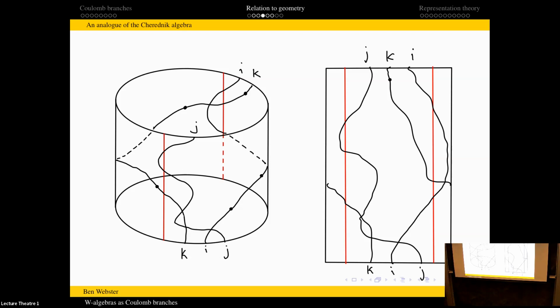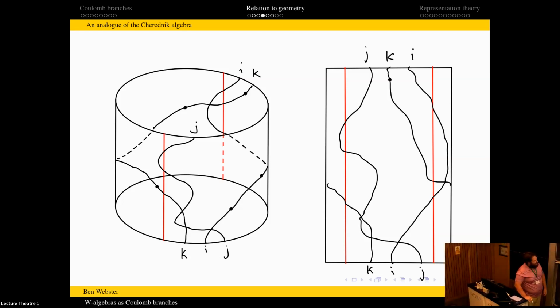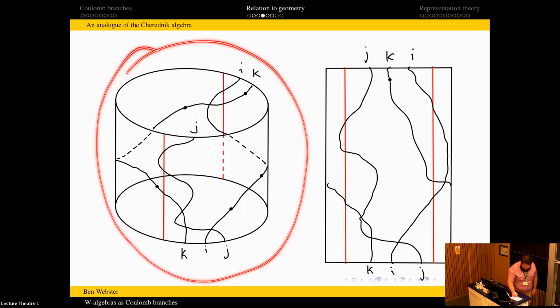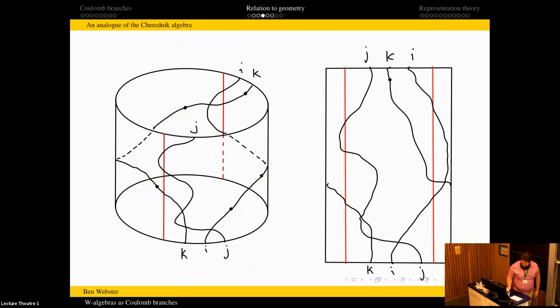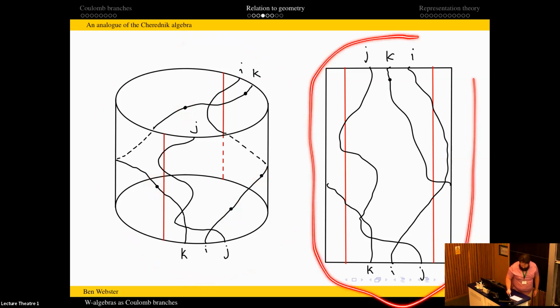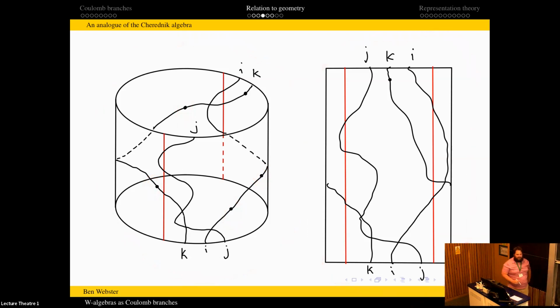So I've swapped x and y from the usual way you draw graphs. And then there are dots at various points. And here I've drawn the graph on the cylinder. It's kind of hard to follow what's going on when you draw it on the cylinder. It usually works a little better to cut the cylinder down the side and draw it smoothed out. So I tried to draw the same picture two different ways. All right, are there any questions?